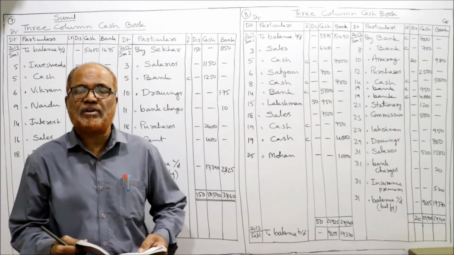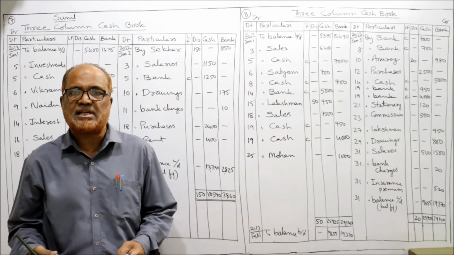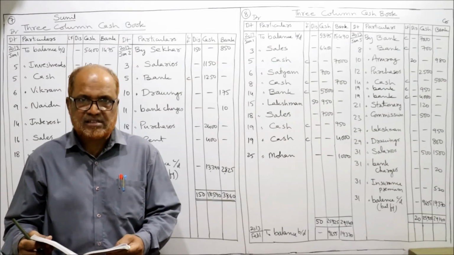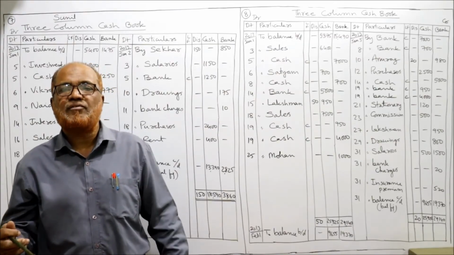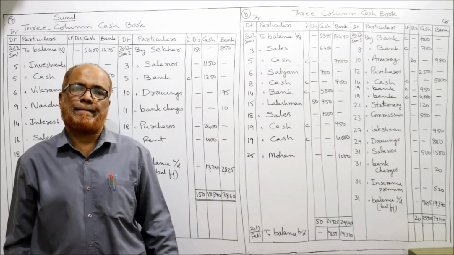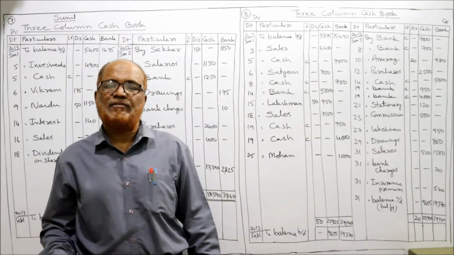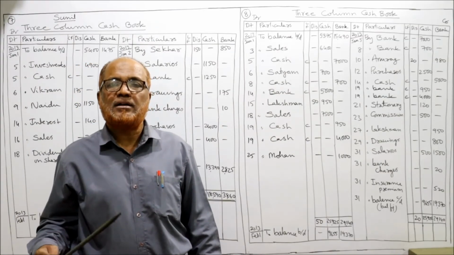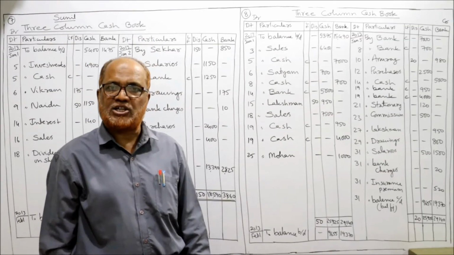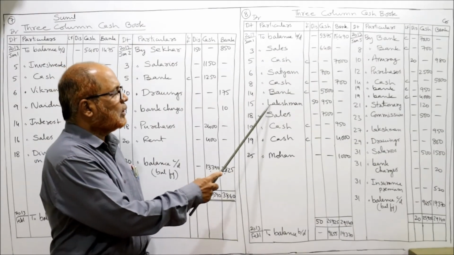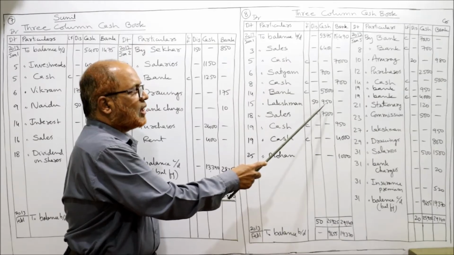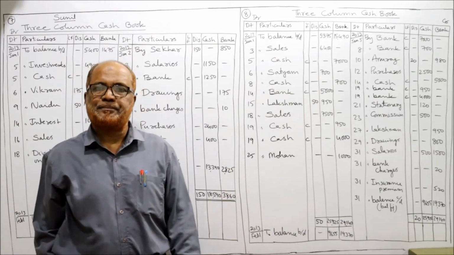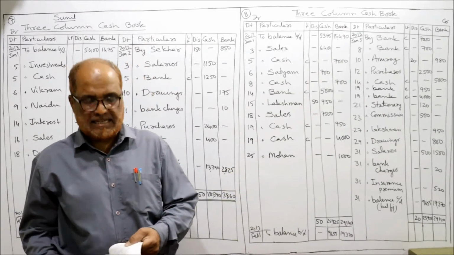Again, just now we have seen in the previous case, the check is received first, later on it is deposited. So when we receive the check, we treat it as cash. 15th date, we have received a check, but we will treat it as cash. So 15th to Lakshman, cash column 950. Cash column 950, discount allowed 50. This is on 15th Jan.